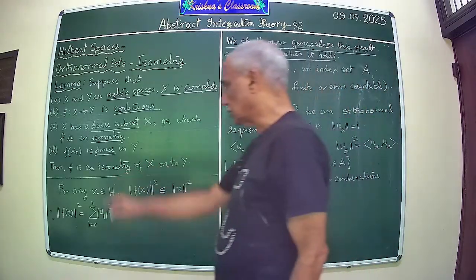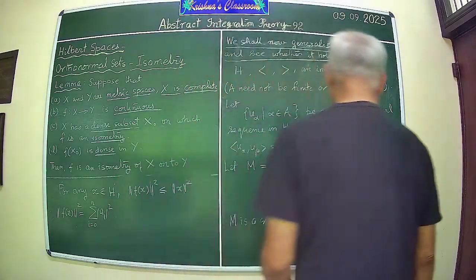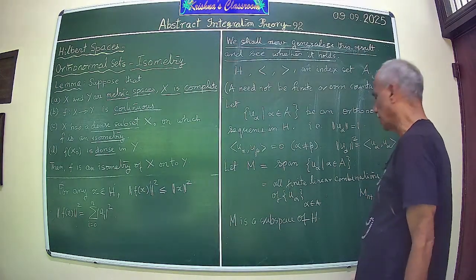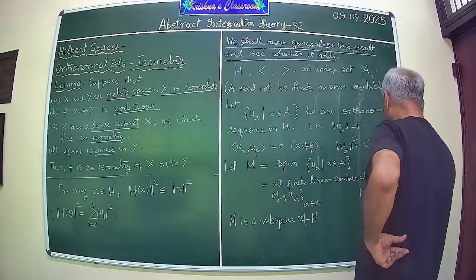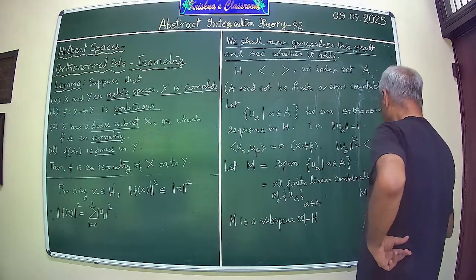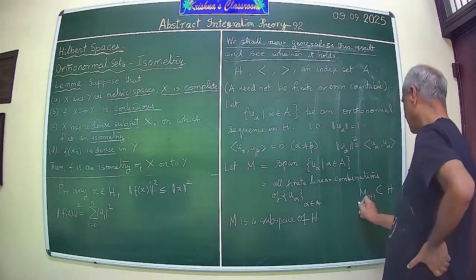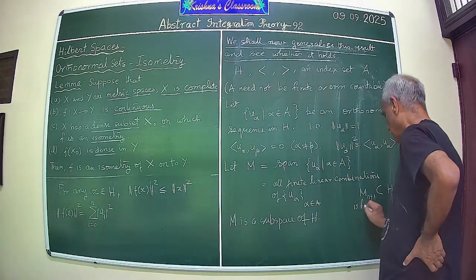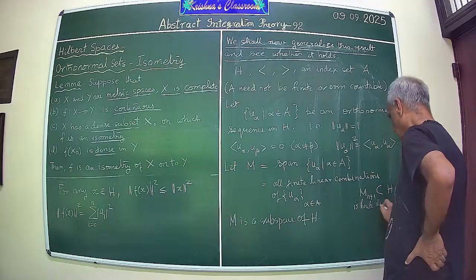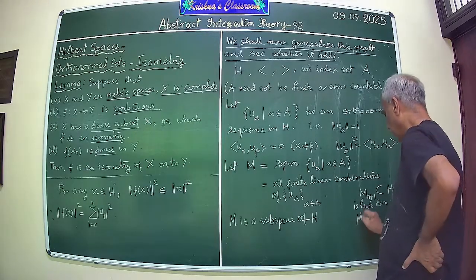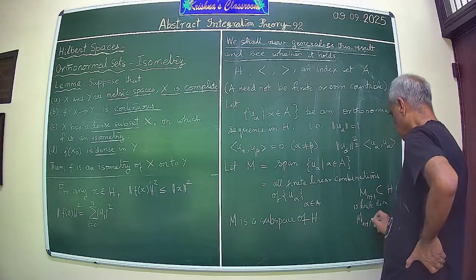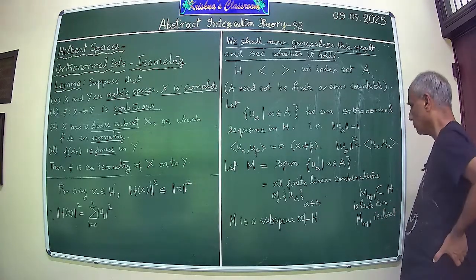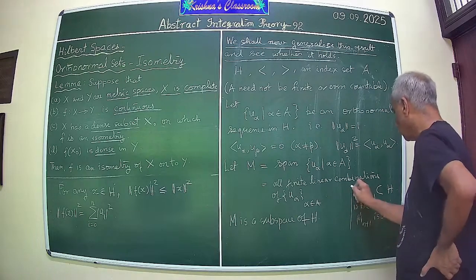Now you look at the corresponding situation here. There we had Mn plus 1, and Mn plus 1 is a subspace of H there. But Mn plus 1 is finite dimensional. Therefore, Mn plus 1 is a closed subspace.